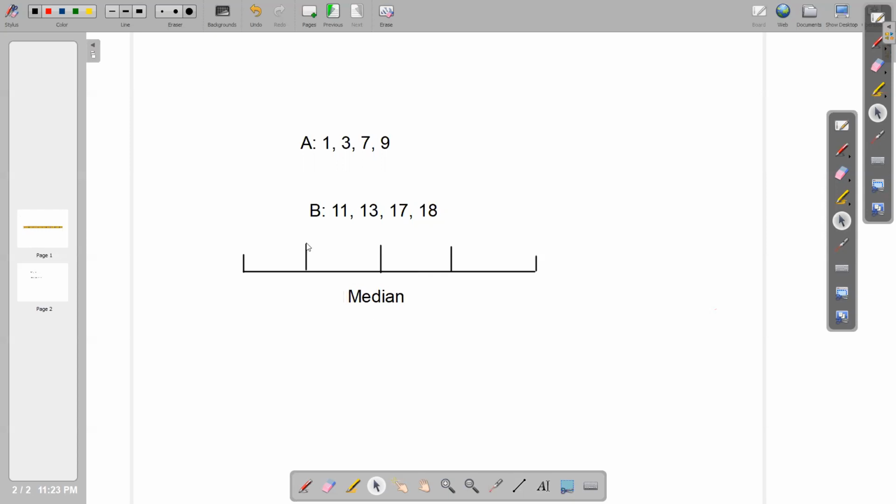Then what about the first cut here? We call that a first quartile, Q1. And then similarly, Q3, third quartile, will be the next cut.